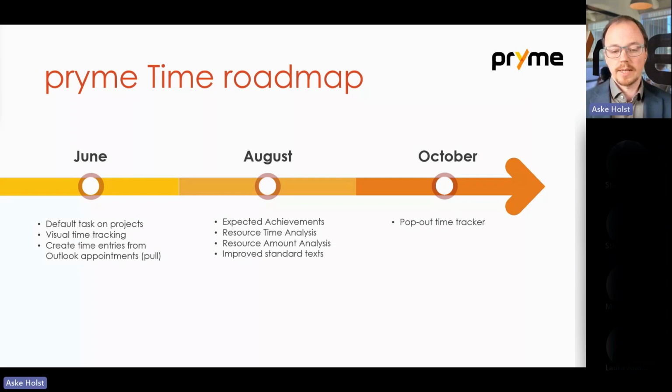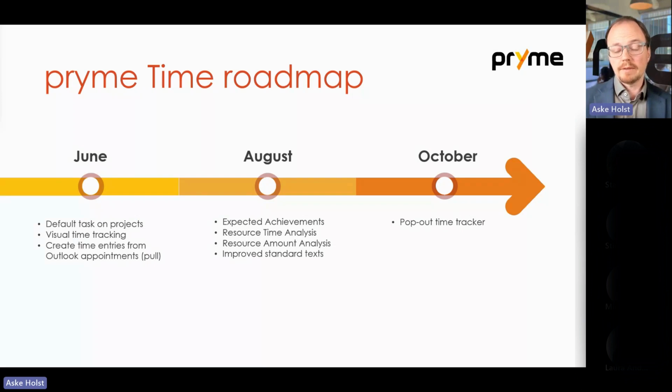Then we want to add some visual time tracking. So visualizing your week in a graphical form, a bit like an Outlook calendar, in the same way as we've done in the resource scheduling. And that will also allow us to create time entries from Outlook, because we will show your Outlook appointments in that view.